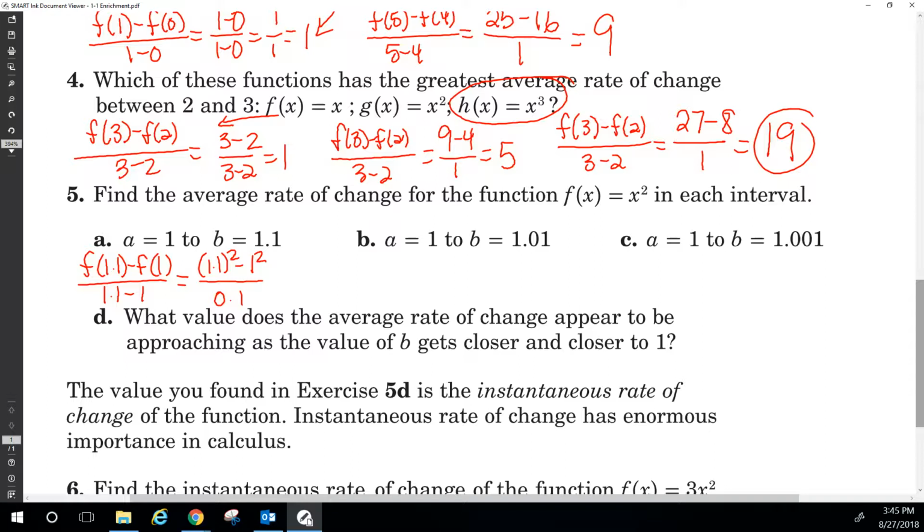Figure out what is 1.1 squared. And that would be 1.21 minus 1 squared, which is 1, all over 0.1. And then 1.21 minus 1 would be 0.21 divided by 0.1. And that's 2.1. So 2.1 for A.